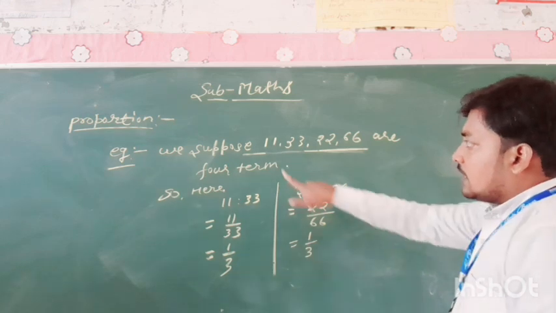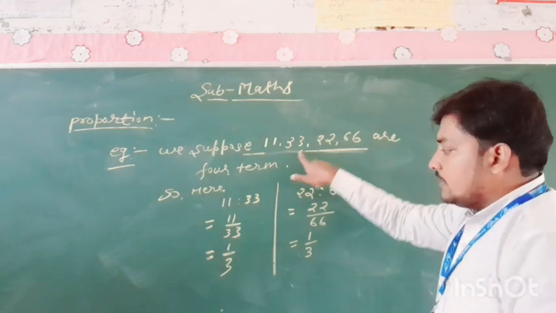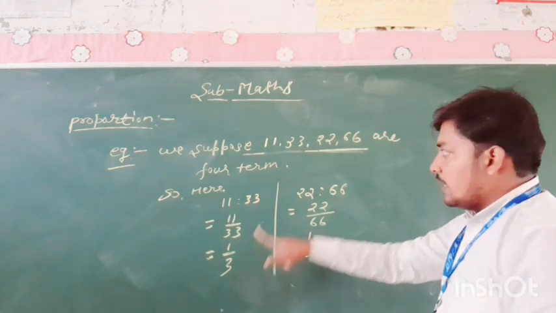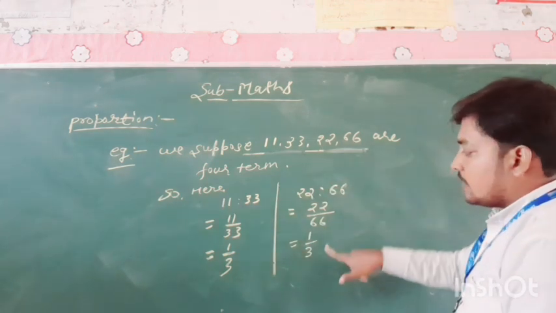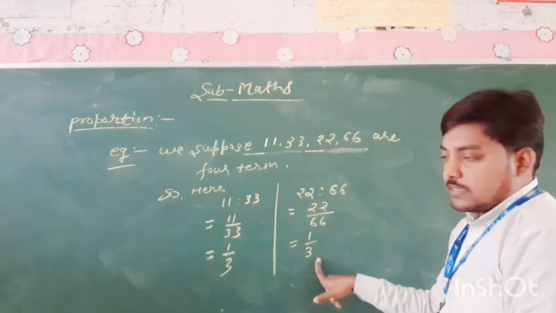It means the ratio of the first 2 terms is equal to 1 by 3, and the ratio of the last 2 terms is also equal to 1 by 3.